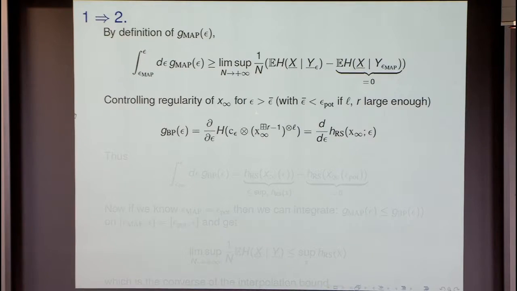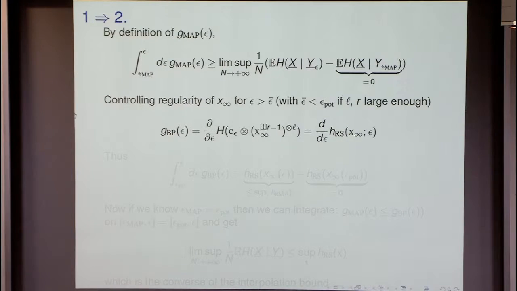And now the point is that, since you compute it at the belief propagation fixed point, and this belief propagation fixed point is also a stationary point of the entropy, you can replace the partial derivative by a total derivative, because the total derivative will act partially on this epsilon, so that's the partial derivative, but it will also act on this x infinity.